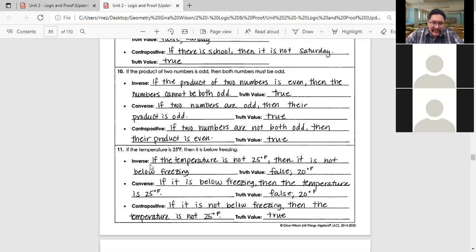So again, I'd have to look these up, but we're going to go with them. So if the temperature is not 25 degrees Fahrenheit, then it is not below freezing. And again, I'd have to look this up, but it says false because I guess 20 degrees Fahrenheit would be not below freezing, which is one thing I'm weird about with Fahrenheit.